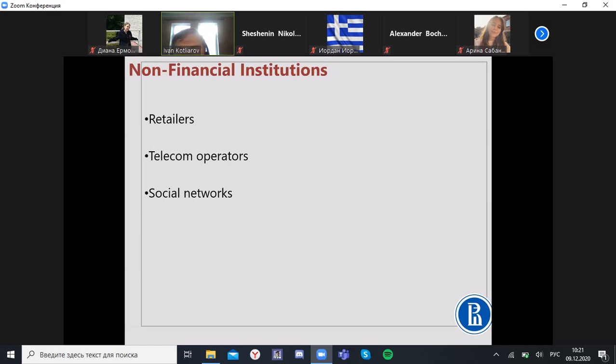The same is true for telecom operators. As you know, Megaphone and MTS and Beeline, all the big three of our Russian telecom market, provide financial services to their customers. So, what is it, guys? It is very simple. These companies have a huge audience, indeed.